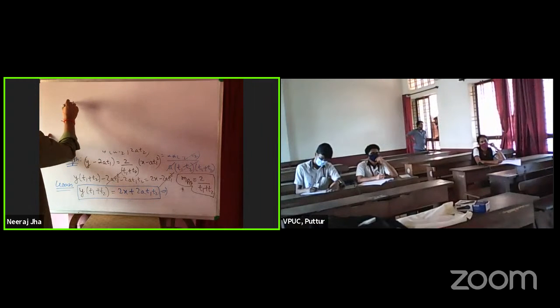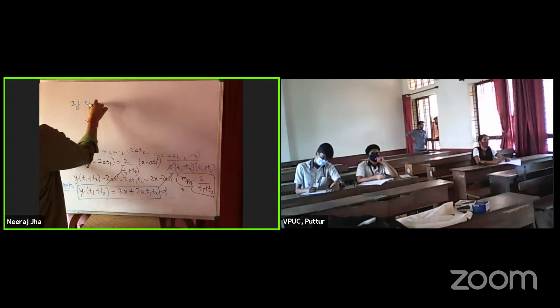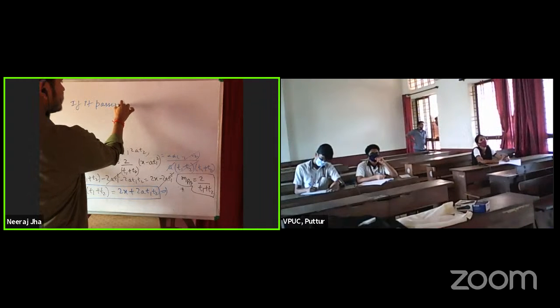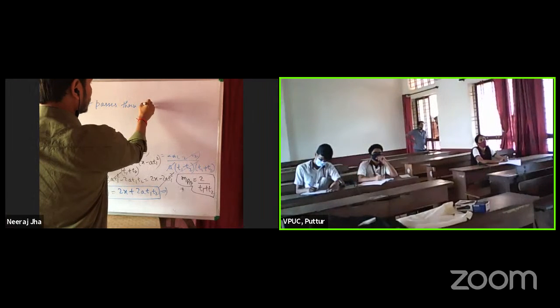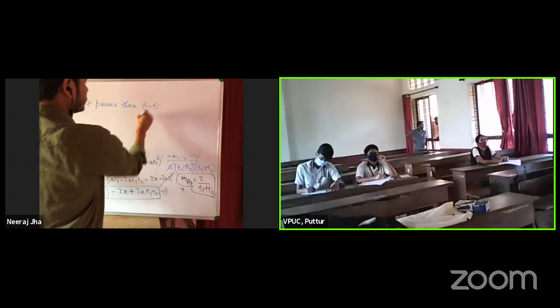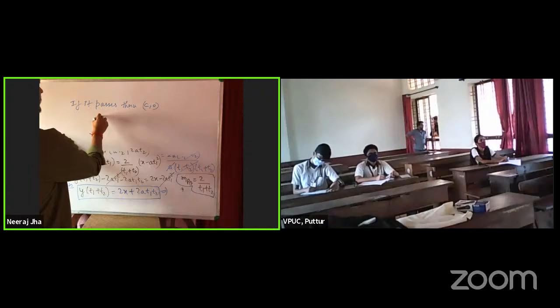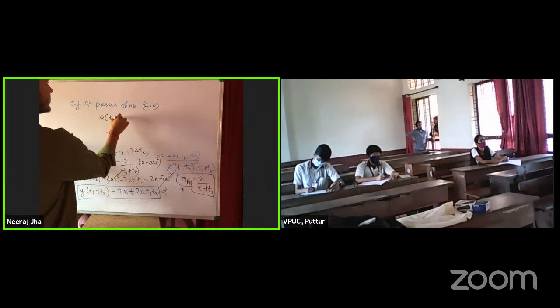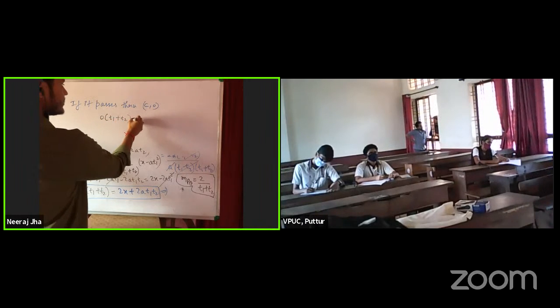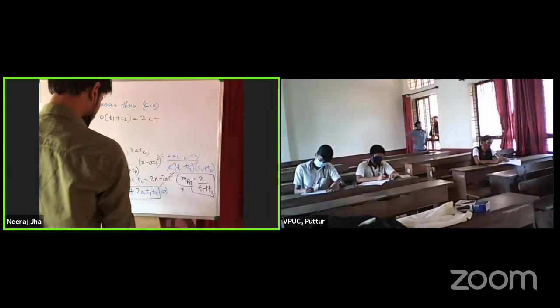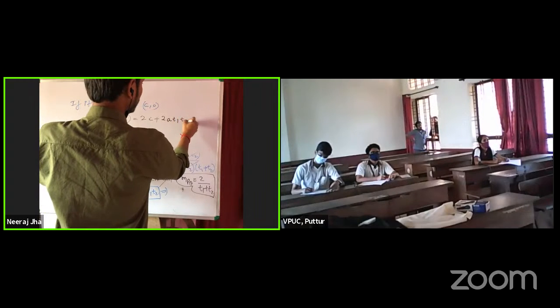So if it passes through c comma 0, we'll put 0 into t1 plus t2, that is 0 itself, equals 2 into c plus 2at1t2.